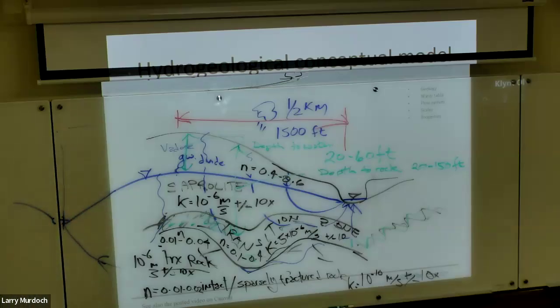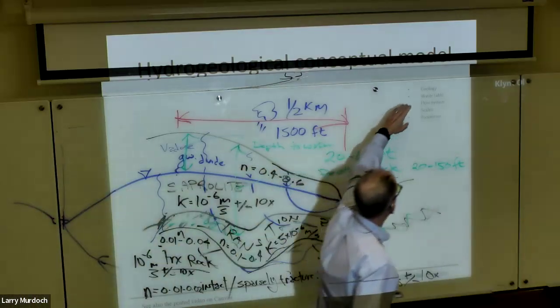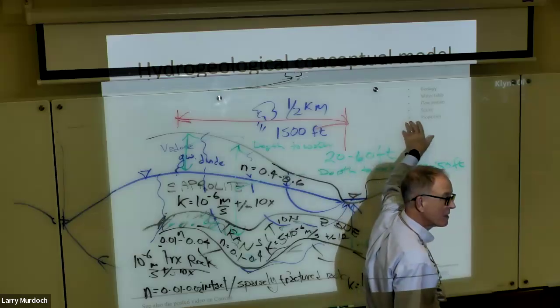That identifies the transition zone a little bit better. Okay, so those are geology, water table, flow system, scales, and properties.